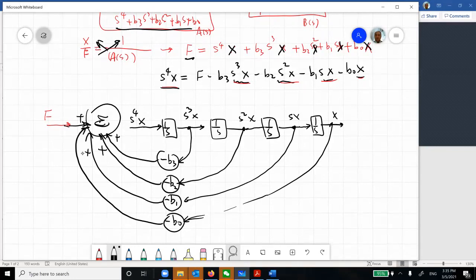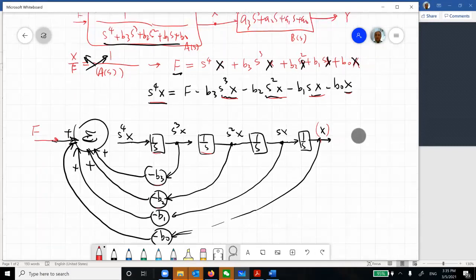Did you guys see that I only used 3 types of blocks? These are gain. These are the integrator, and sigma. But I only end up in here. This is my x in here.